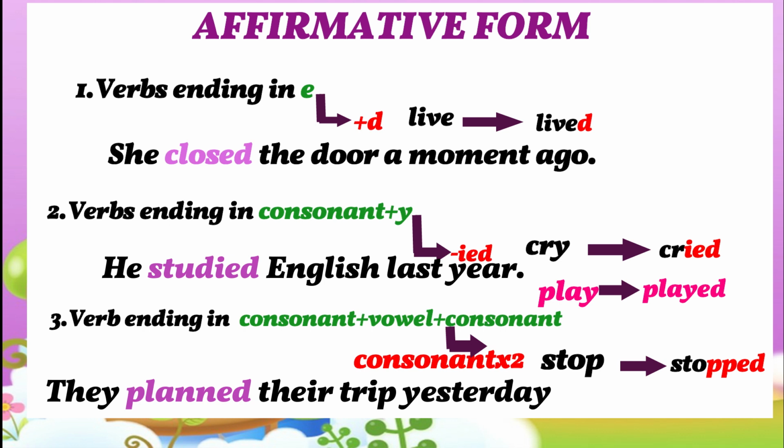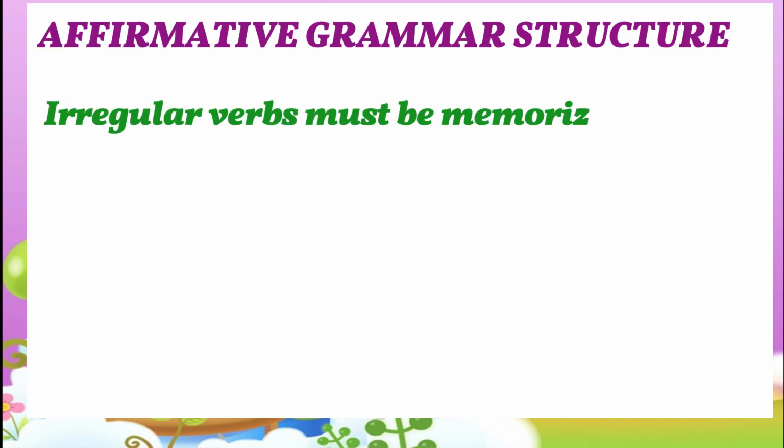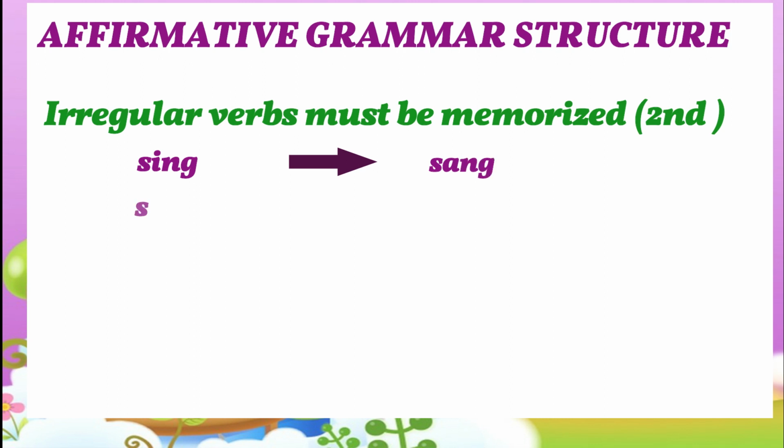That's the affirmative form. Irregular verbs in the affirmative form completely change. There is a list that we must memorize, as I said. Look at these verbs. Sing, simple past sang. Send, sent.